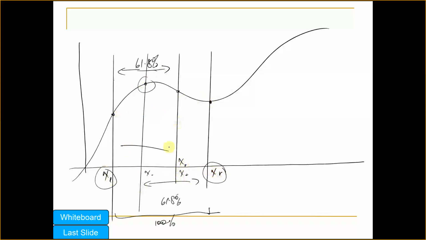So now this is the new range. And that new range has been reduced by 38.2%. That's what I'm saying. Alright? Bisection would have reduced the range by 50% each time. But the point is, both of them, the iterative step is always constant.